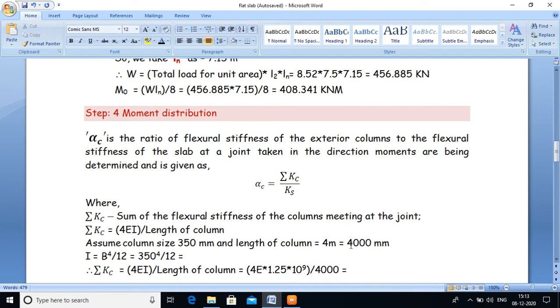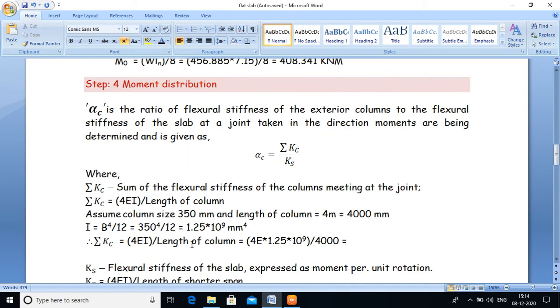The column length, again we assumed as 4 meter because it is not given. Putting these, we calculate the moment of inertia I for the column, which gives 1.25 into 10 raised to 9 mm4. This is the unit of moment of inertia, mm raised to 4.